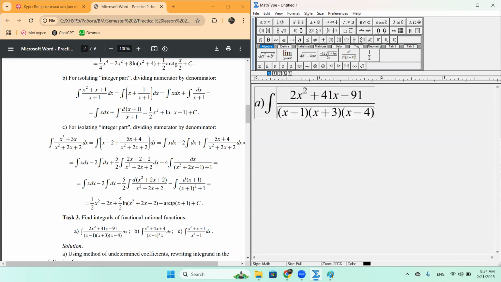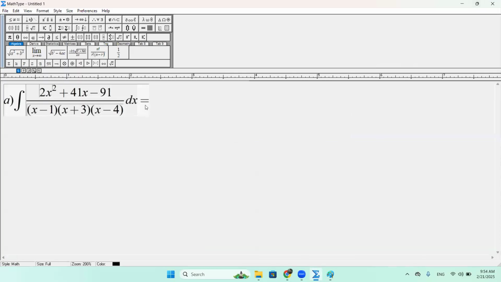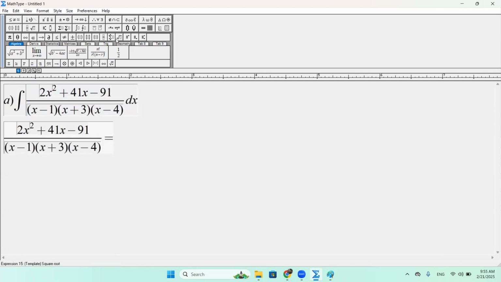There is no specific rule like for derivatives, but we know other approaches, and this approach is the method of undetermined coefficients. So I will rewrite the fraction in another way. Actually, this product is the common denominator for some unknown fractions.